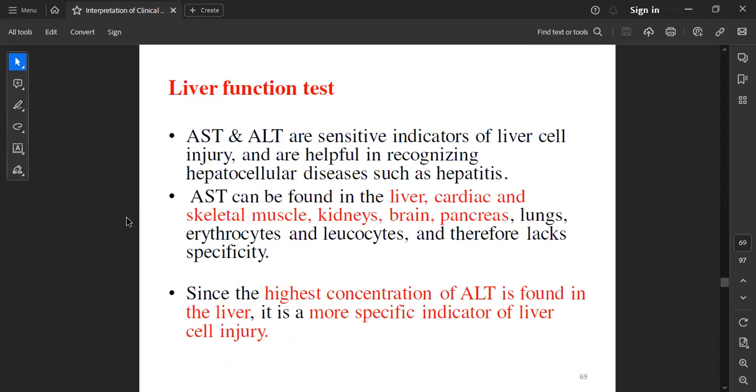Both AST and ALT are sensitive indicators of liver cell injury, and they can help you come to diagnosing diseases like hepatitis. As we've seen, AST is also found in other parts of the body like the heart and the skeletal muscles, so it's not specific. ALT is the more specific indicator.